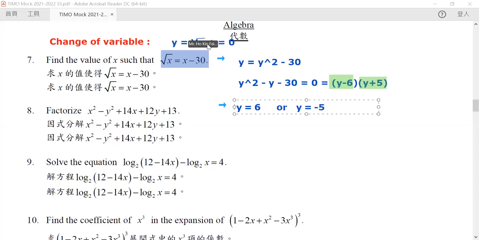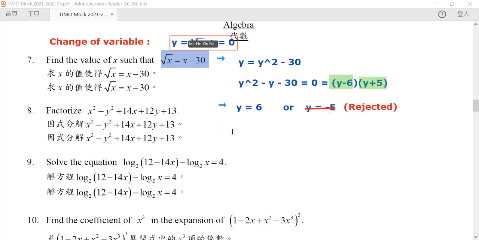But y equals negative 5 is impossible. Rejected. Just like what we have talked about, our y is always greater than or equal to 0. The square root of a number is always positive, so this cannot be done.